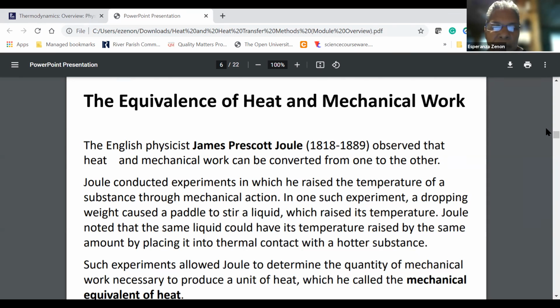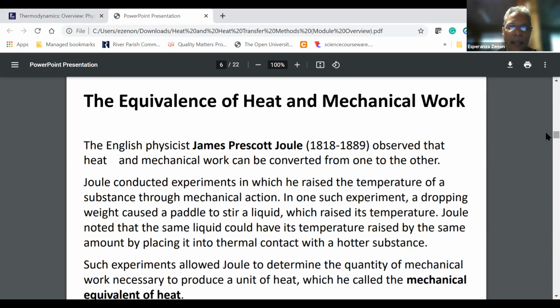And there's a thermometer attached to it, many times a digital thermometer. And as you pedal, you can actually see the temperature of the water increasing. So you've taken mechanical work and converted it to heat energy, which ultimately raises the temperature.